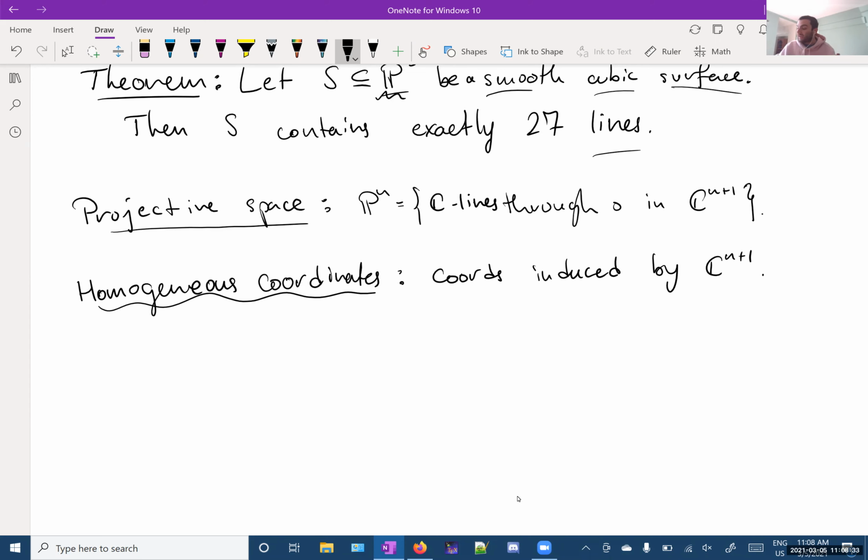Okay, so by coordinates induced by Cn plus 1, what does this mean really? It means they look like this: x0, x1 to xn.